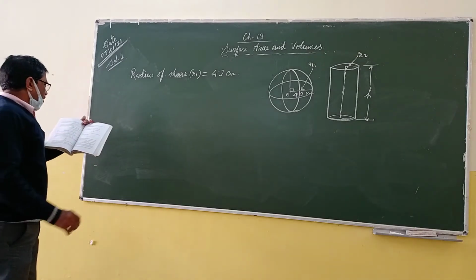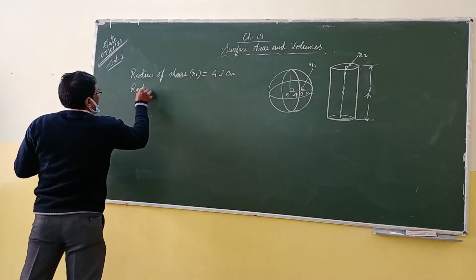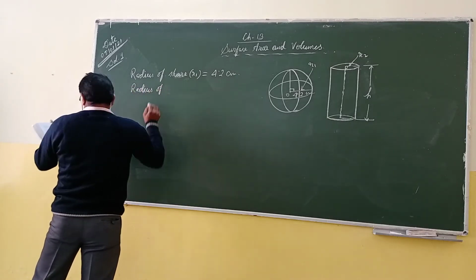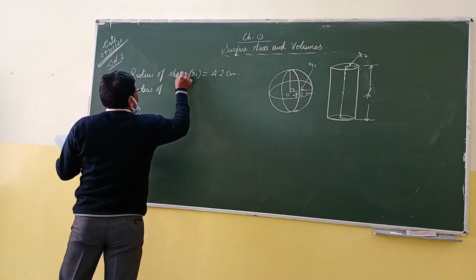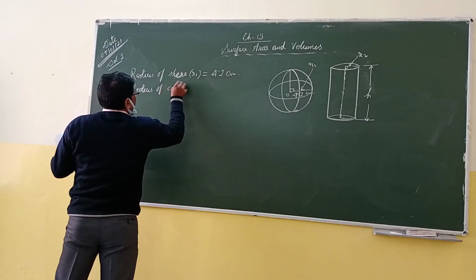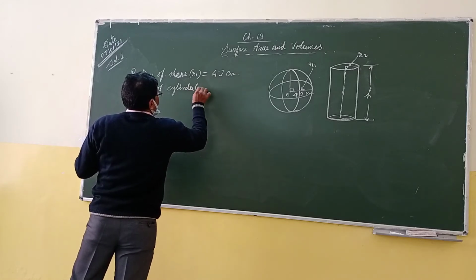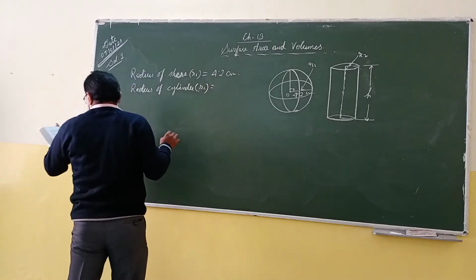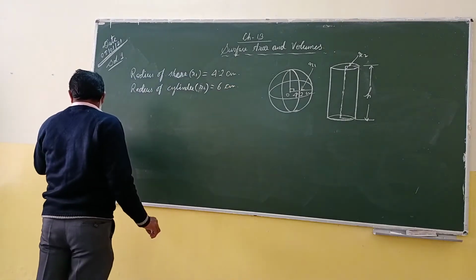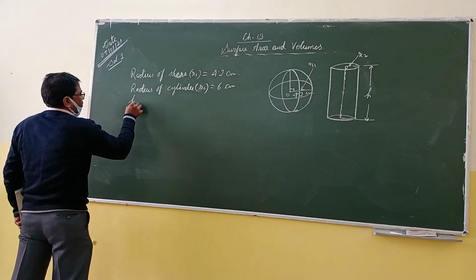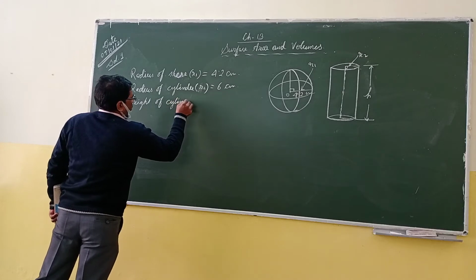Radius of cylinder, that is R2, given here 6 centimeter. Height of cylinder is not given.